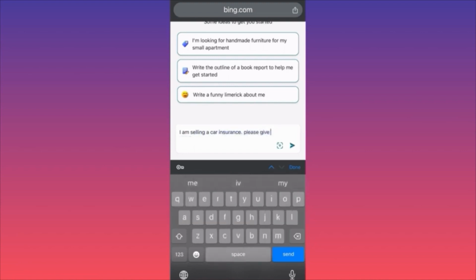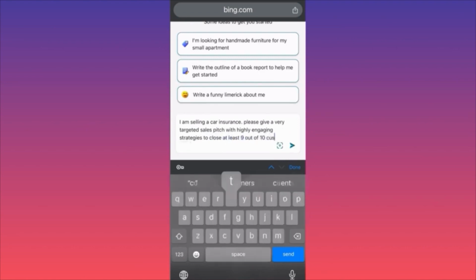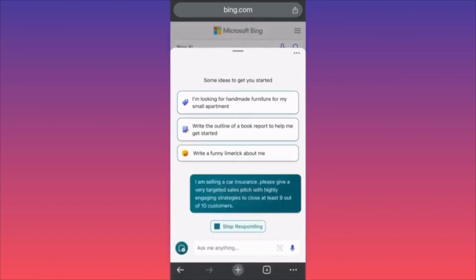Please give me a very targeted sales pitch with highly engaging strategies to close at least 9 out of 10 customers. So guys, we gave the general idea.